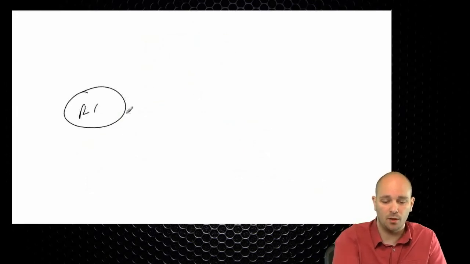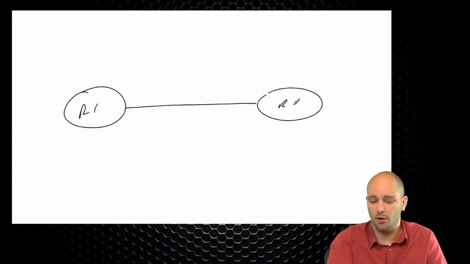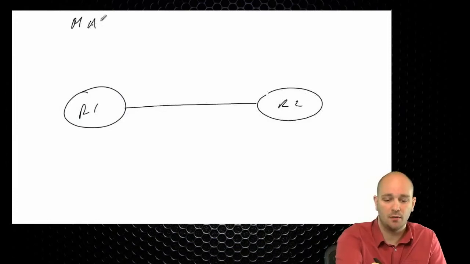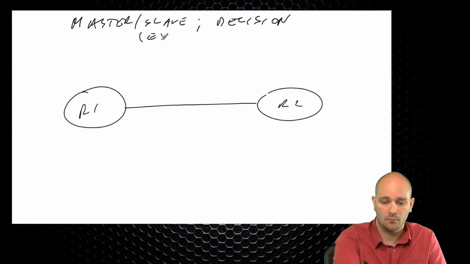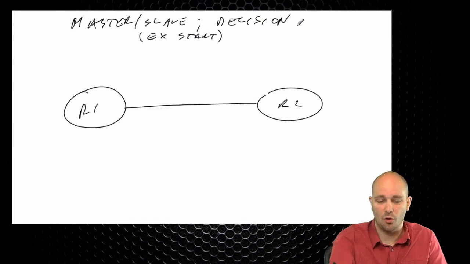So let's say that we have two routers, R1 and R2. So I'm going to say master, slave, just so you later on know what I'm talking about.